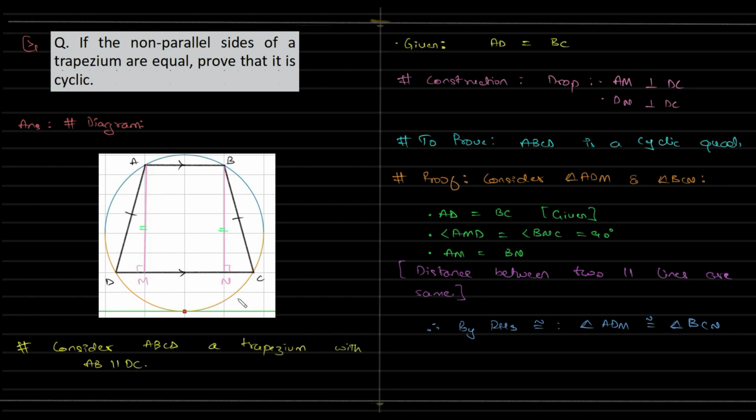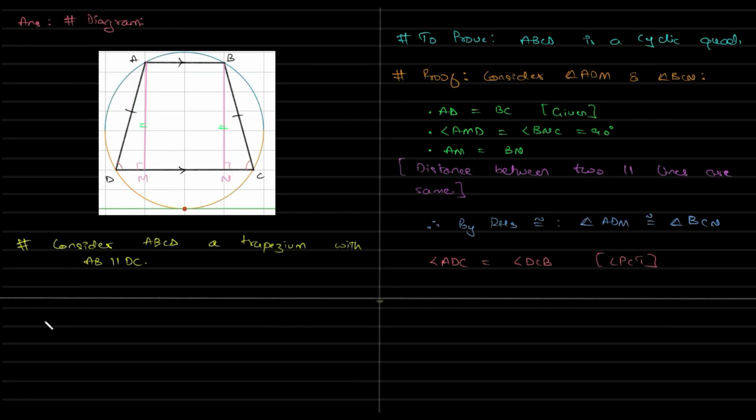Well, yes, to prove that angle ADC is equal to angle BCD, by CPCT. Okay, I hope it made sense. These two angles are equal. Again, we are trying to prove that this is a cyclic quadrilateral by showing that the opposite angles add up to 180 degrees. So that's why all of this.